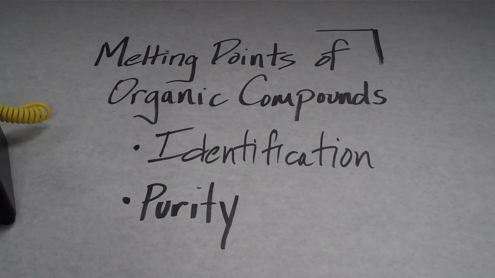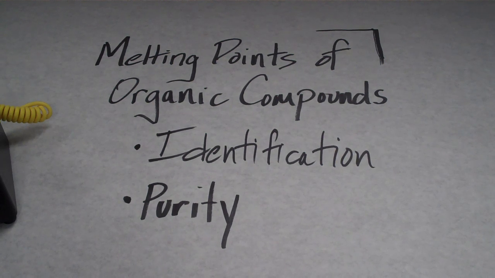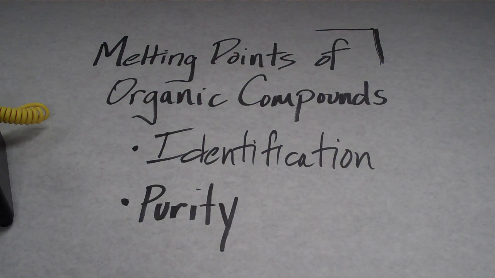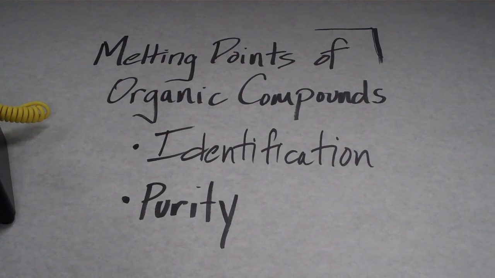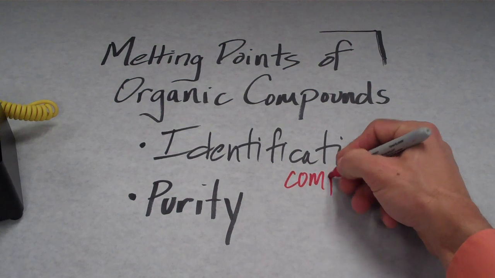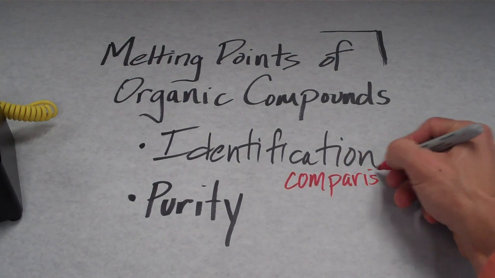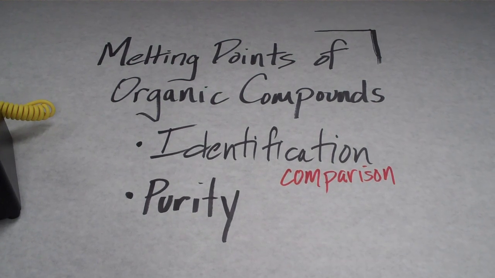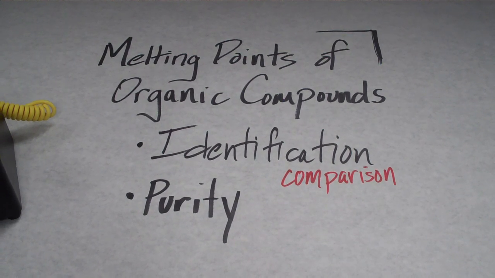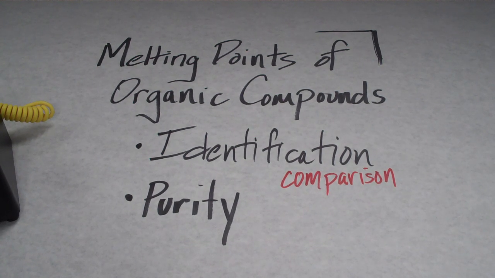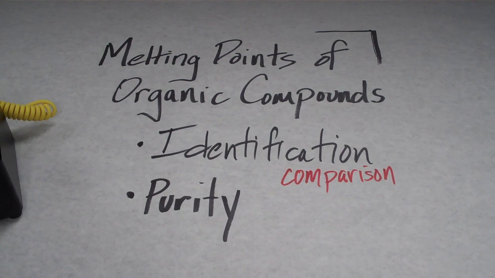So we've got two purposes for melting points of organic compounds. One is for the identification of compounds, which is always done by comparison. We can't just take a material's melting point and then use that as a means of identifying or verifying something's identity, because many compounds would have similar melting points.